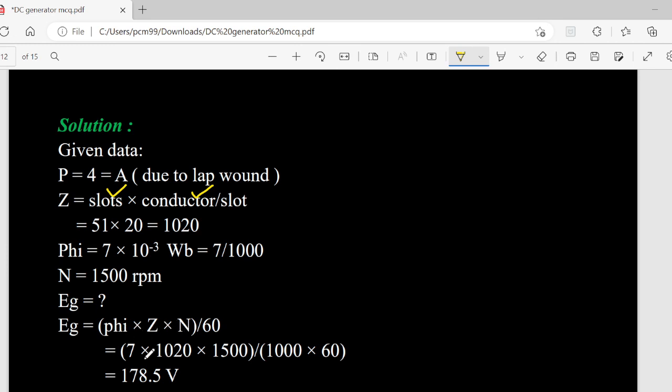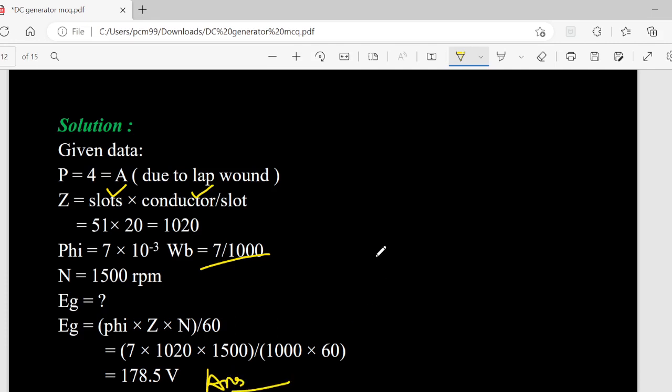So phi is 7 into 10 to the power minus 3, or 7 upon 1000. Number of armature conductors Z equal to 1020, and the speed is 1500, divided by 1000 into 60. Now after calculating this term, we will get 178.5 volt. This is the answer.